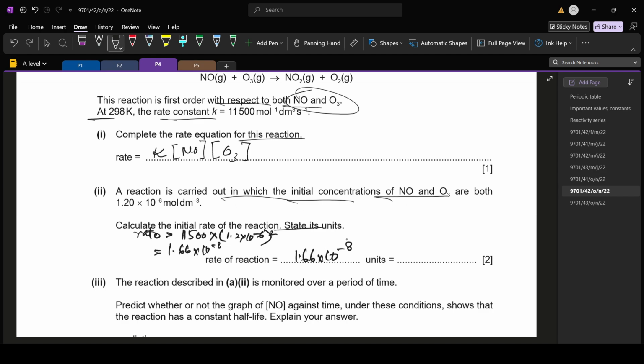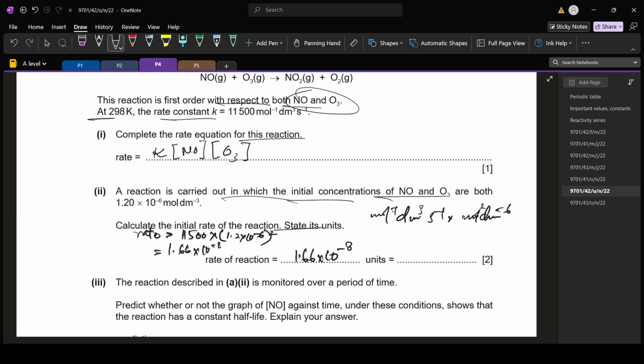And what will be the units? If you see the units of k, these are mole minus 1 dm cube second minus 1, multiplied by mole squared dm cube minus 6, because you can see there is a square over here. So what will be the units?